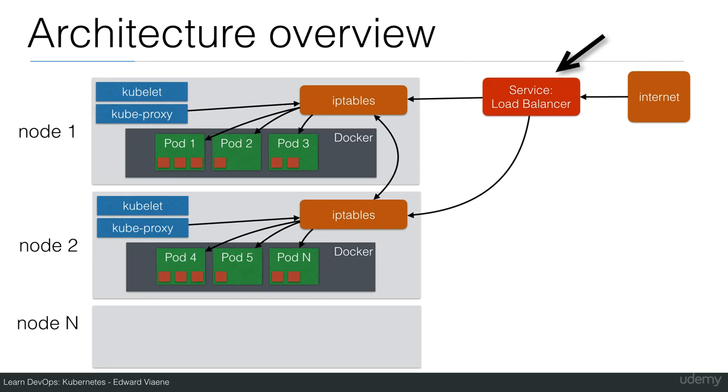It's going to have all the nodes listed, and the traffic is all going to arrive at iptables. iptables then has the rules to forward traffic to another node. For instance, if the pod is running on another node, then it needs to go to this destination node. If the pod is on that node, then it will just forward the traffic to the pod and to the specific container in this pod.